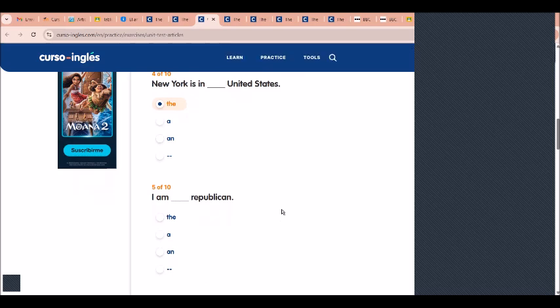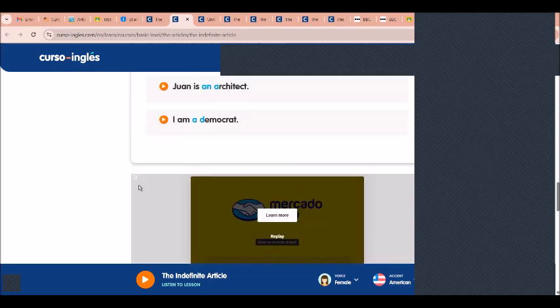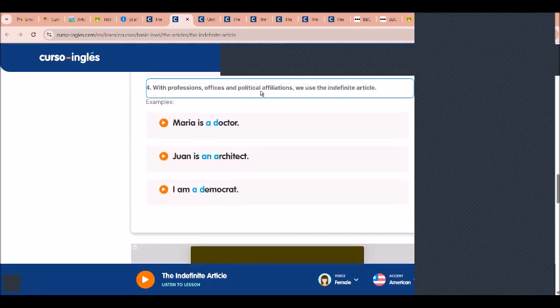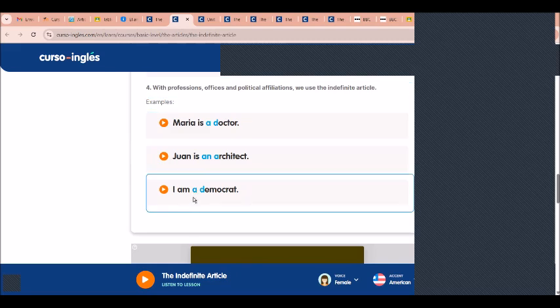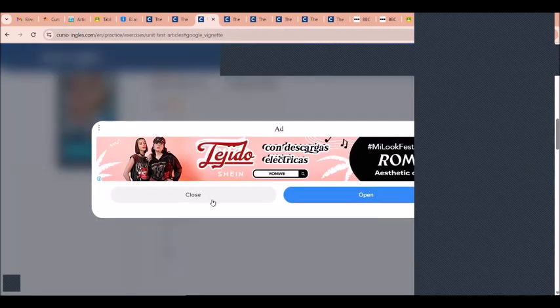I am Republican. I don't know. All right. What did we say about political affiliations? We can use it for political affiliations.